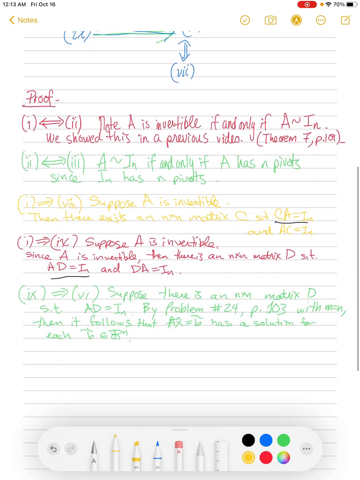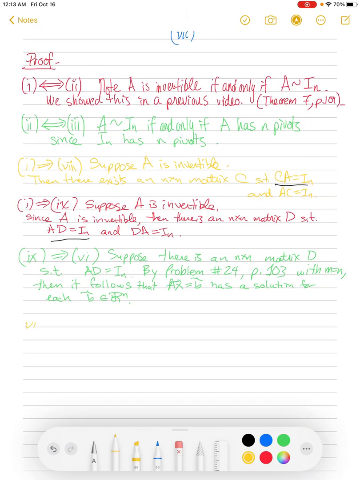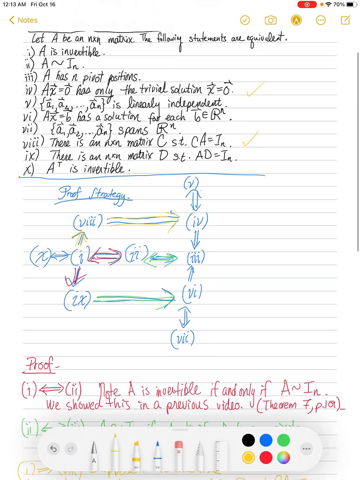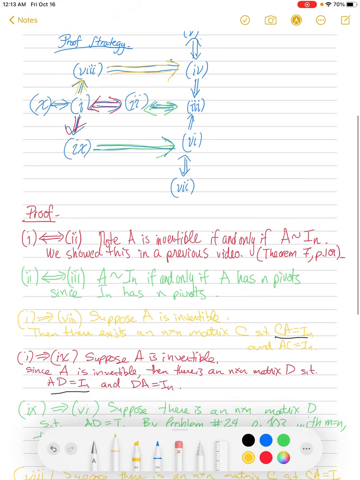So we're going to assume 8, there's an n by n matrix C such that CA is the identity. So suppose there is an n by n matrix C such that CA gives you the identity. So that's what we're assuming, and we want to get to number 4.